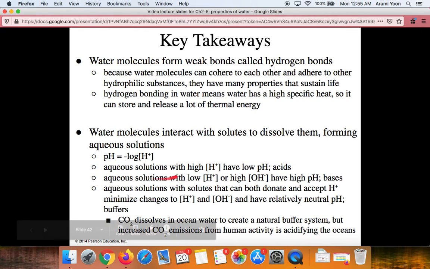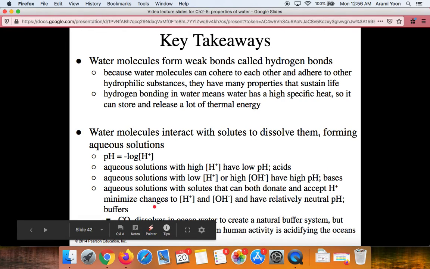If an aqueous solution has a high hydrogen ion concentration, it will have a low pH, and those are acids. Aqueous solutions that have a low hydrogen ion concentration, which is the same thing as saying they have a high hydroxide ion concentration, have a high pH, and we call those bases.